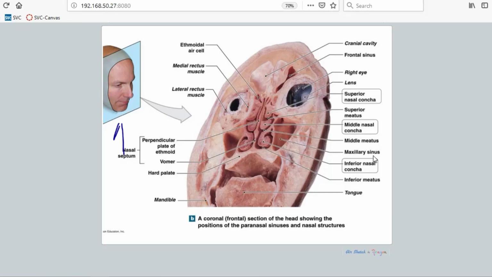Here we have a frontal section, anterior view, and there's the nasal septum right there. Actually, maybe we can draw it like this. This would be the perpendicular plate. That is the vomer. And then you can see these nasal concha right there.